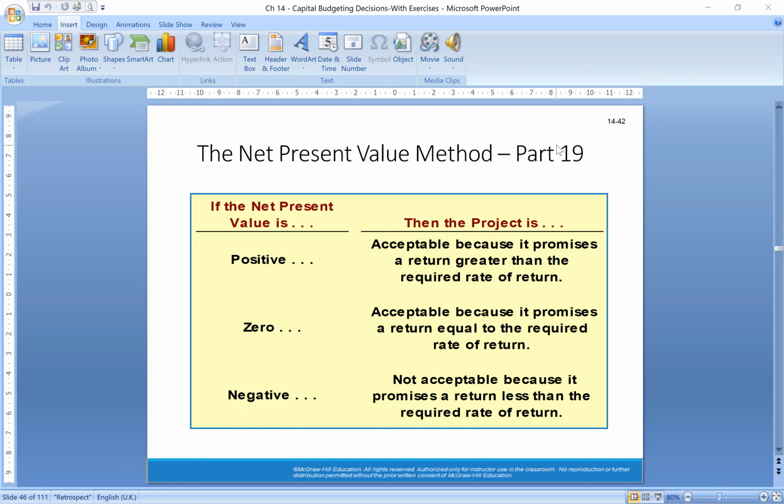Zero means the rate of return from the project is exactly equal to the discount rate. In other words, if you put your money in a bank, they will give me the 11%. If I put it in the project, I will have the 11%. Okay? In this case, it depends on the company actually.